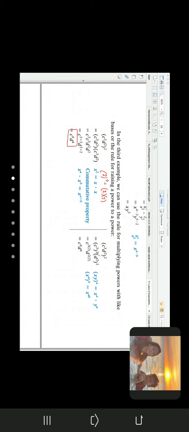Now here, we apply the power of a product to a power. Since that is the given, we distribute the power to each term inside the parentheses. So that would be quantity c cubed raised to the power of 2, then d squared raised to the power of 2.